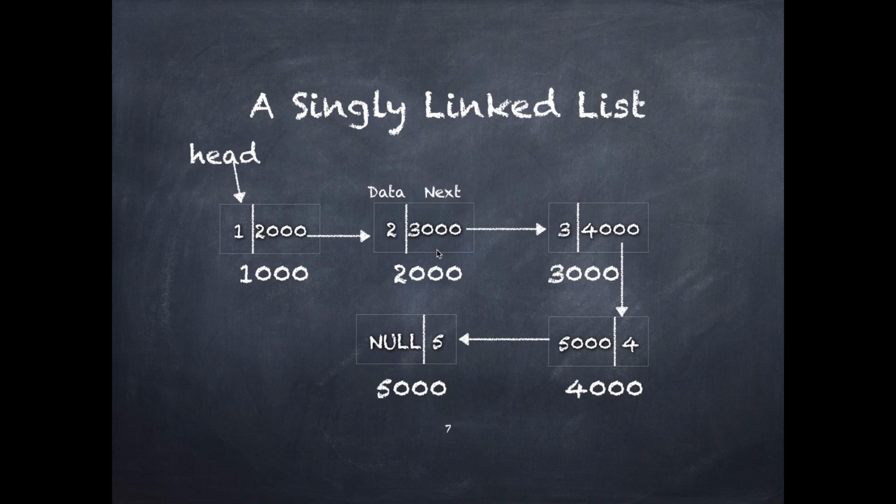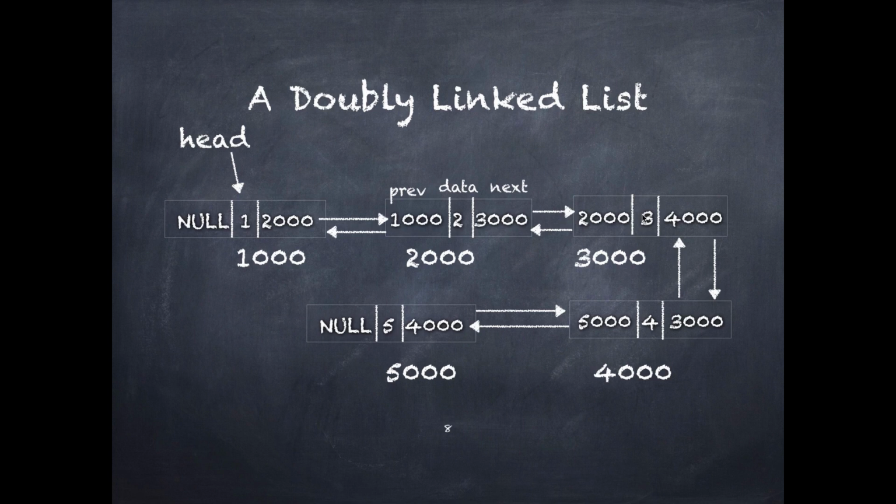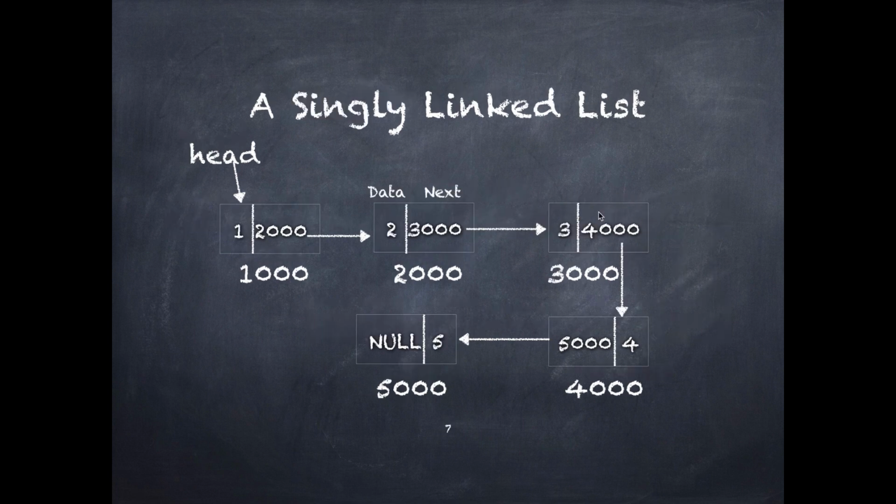This node's next is 3000, that is this node. Sorry, that is this node, right? This node's next is this node. So we have crossed three next and then dot data. Now my pointer is at this location, and dot data will give me 4. Hope you understood how to access that.